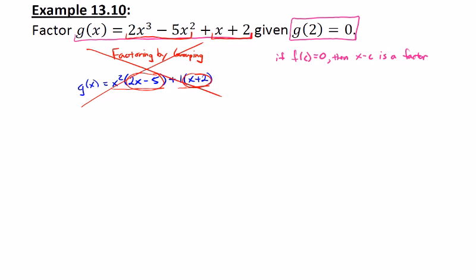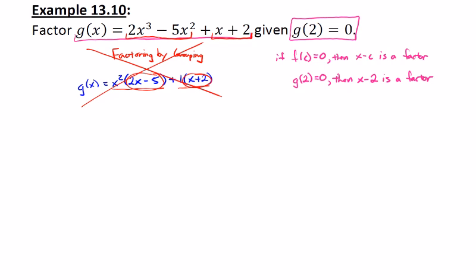So what we need to do is work this whole process backwards. And we need to think about, okay, if for our purposes we have g of 2 is equal to 0, then that would mean that x minus 2 is going to be a factor for g of x. That's what the factor theorem tells us.